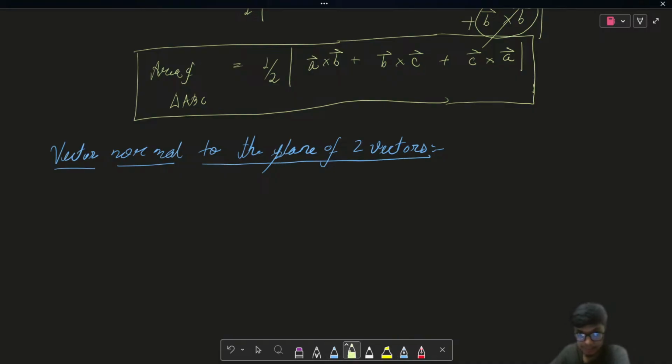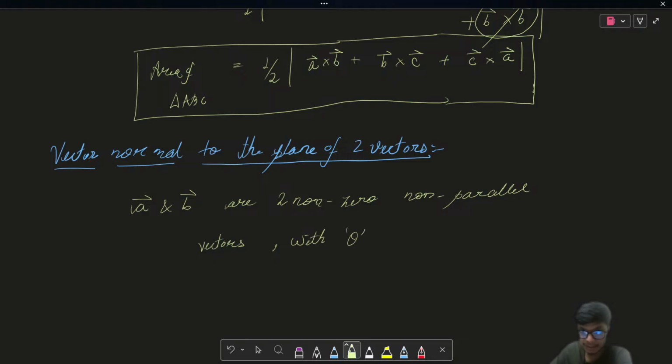So if I say that a vector and b vector are two non-zero, non-parallel vectors, with theta as the angle between the vectors.